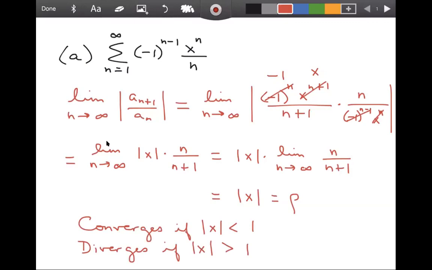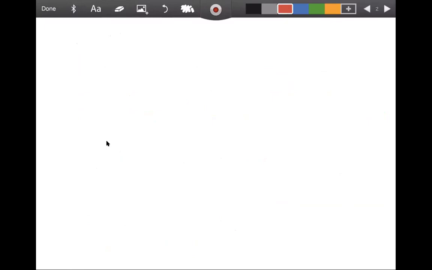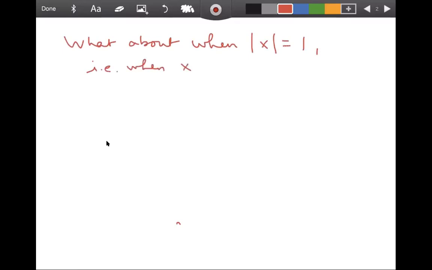So that just leaves one unanswered question, which is what about when the absolute value of x equals 1, i.e., when x is positive or -1.